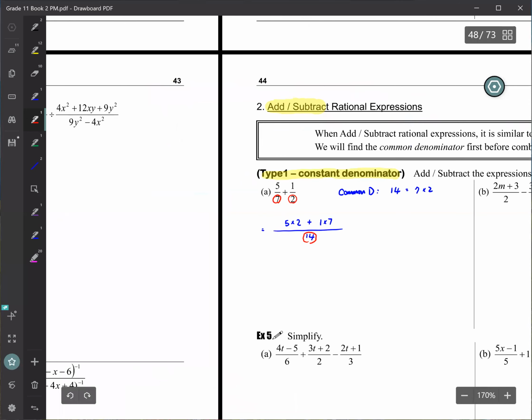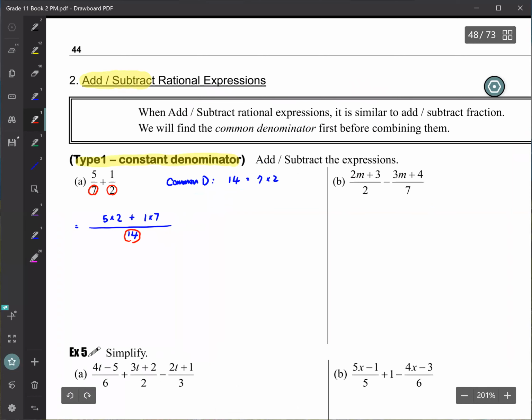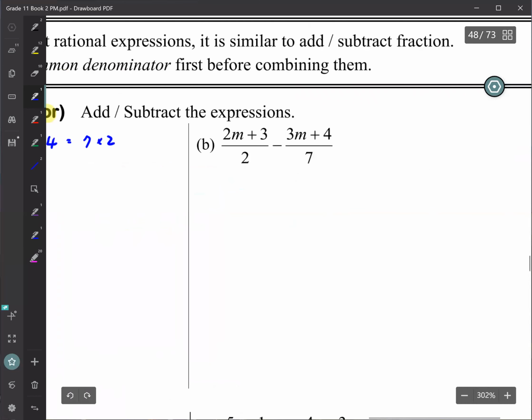Now we'll use the same idea for the right side. I still pick 2 and 7, right? So the common denominator is the same, 14 again. So here's 14.